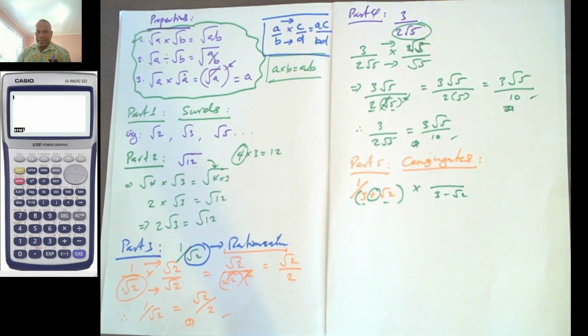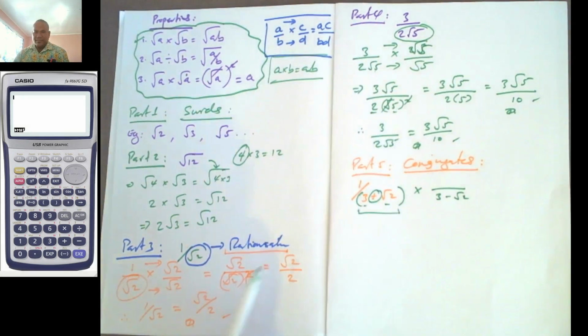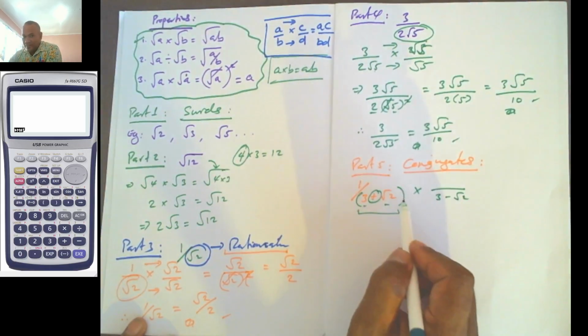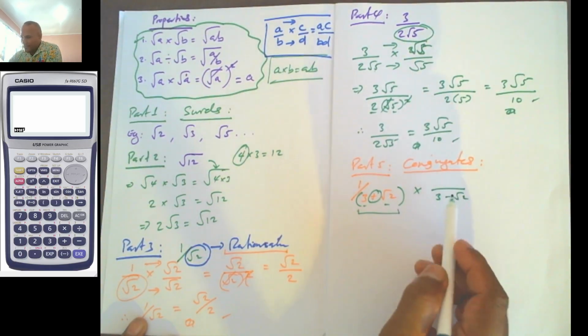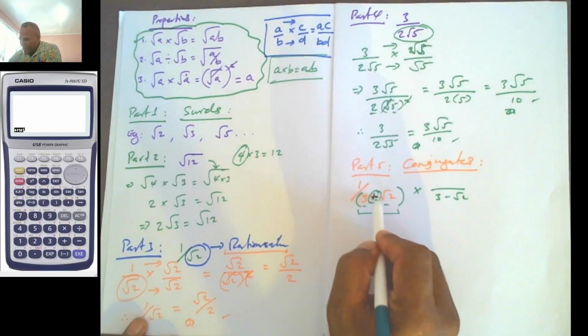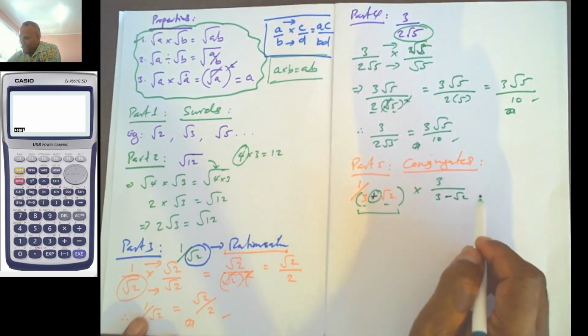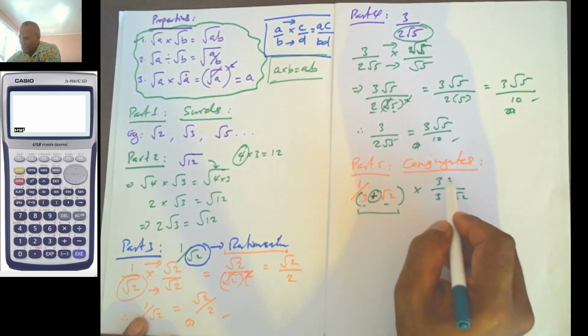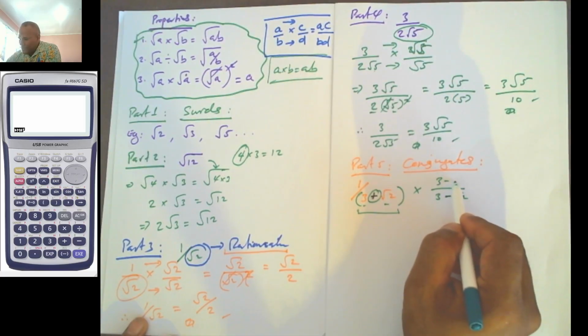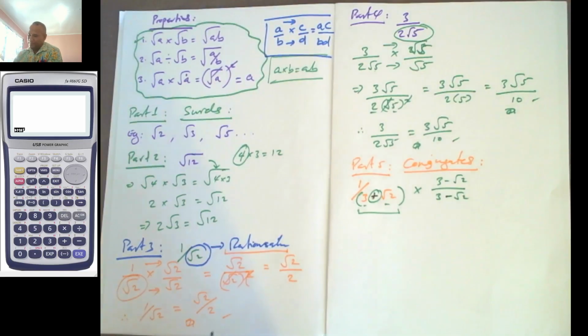When you stand in the mirror, you look at yourself, but the difference is when you lift up your right hand, the image is lifting the left hand. So the image in the mirror is your conjugate. Similar case here. This is plus, then you multiply with a minus. So that is the conjugate of 3 plus square root of 2, which is 3 minus square root of 2.